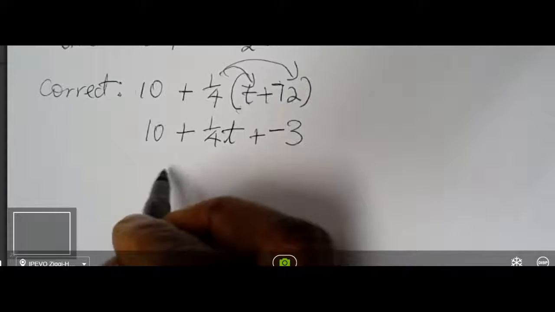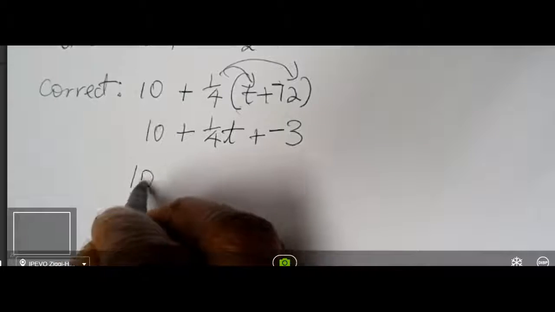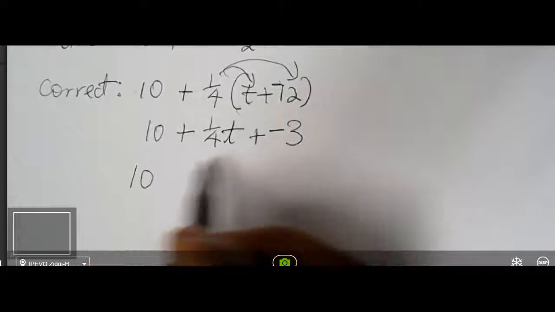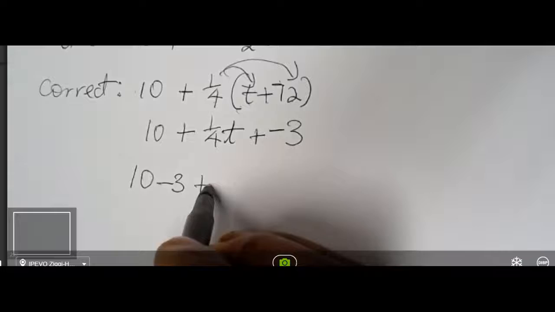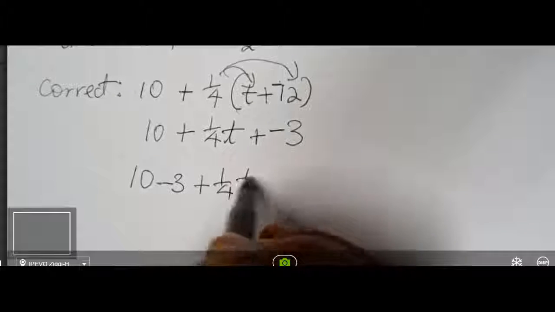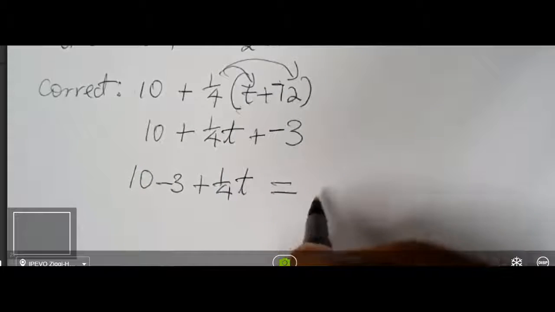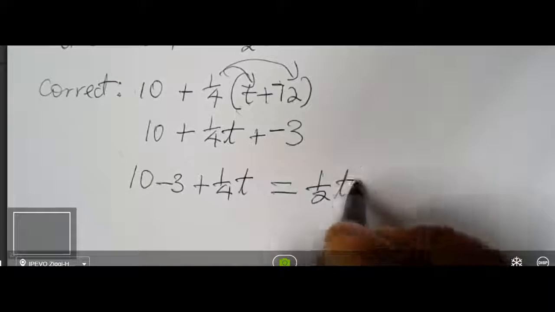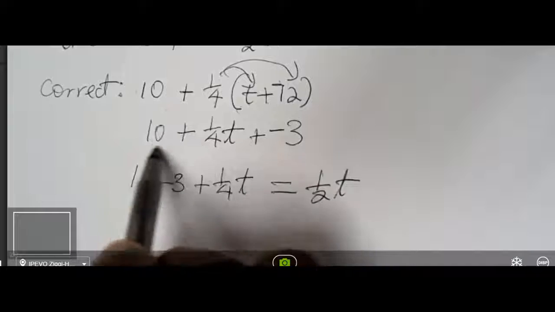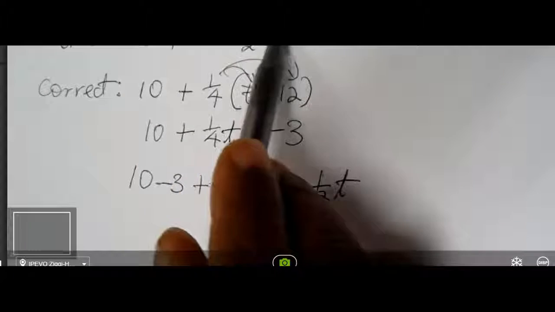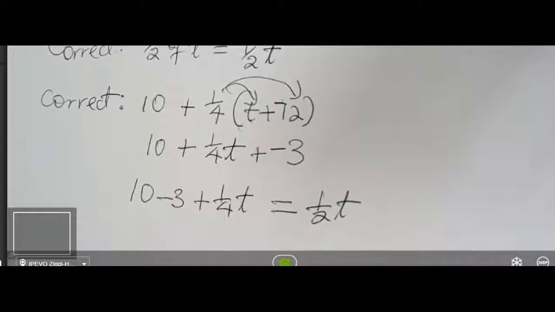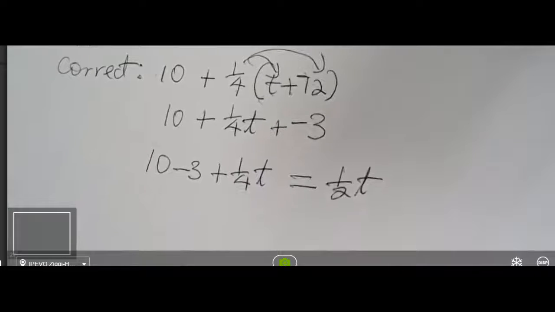So 10, we can also do 10 minus 3 plus 1/4 T is going to equal 1/2 T because both expressions represent what the person got correct in the total exam. So total test.